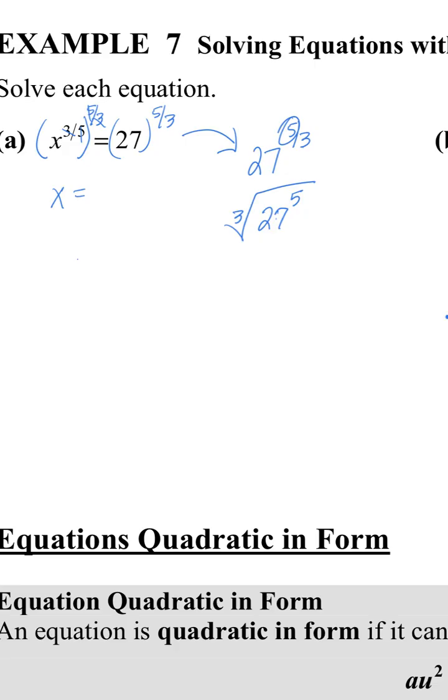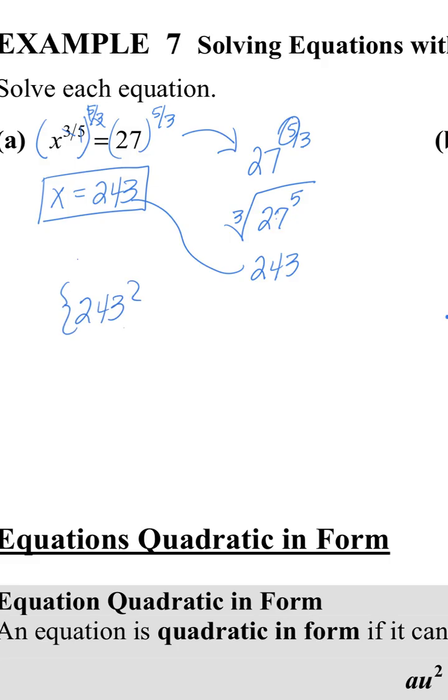You do it in the calculator: the cube root of 27 to the 5th power is 243. So your answer is 243. It didn't look as bad. Your solution set is 243, or x equals 243.